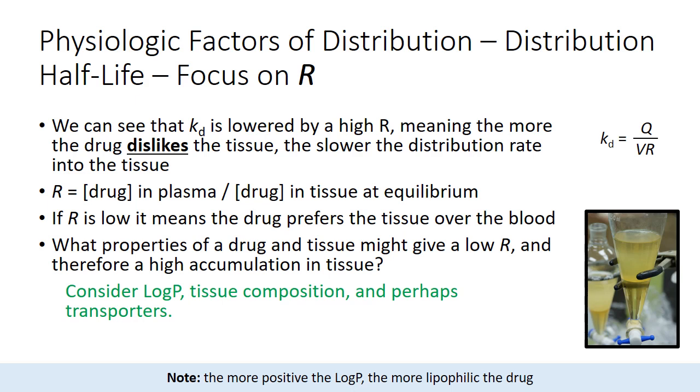That means when everything settles out, if you just imagine you had no elimination, when everything is finished distributing, how much would be in the tissue and how much would be in the plasma?